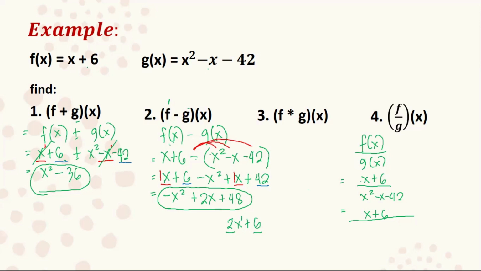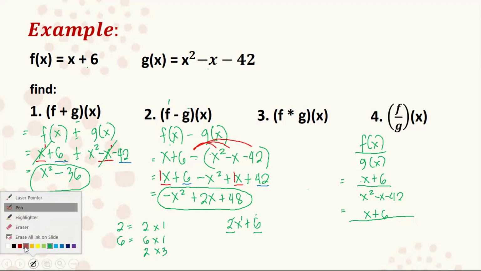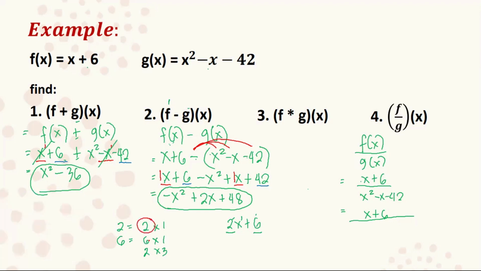May common factor ba si 2 and 6? What are the factors of 2? Only 2 times 1. How about 6? The factors of 6 can be 6 times 1 or 2 times 3. So, ano yung factors na pareha sila meron? It's 2.